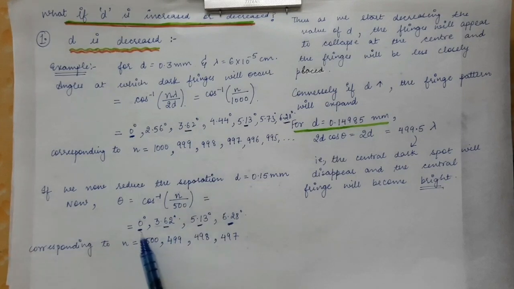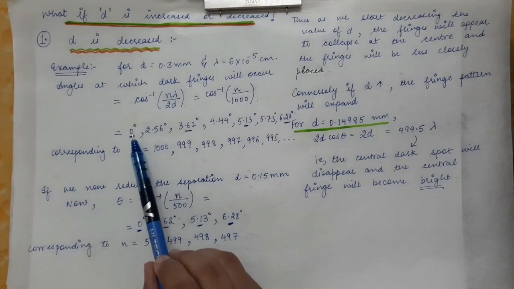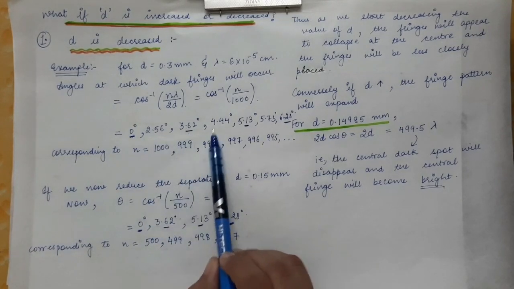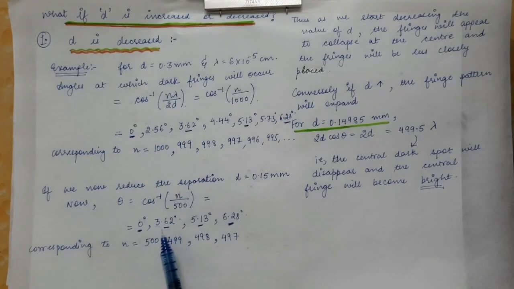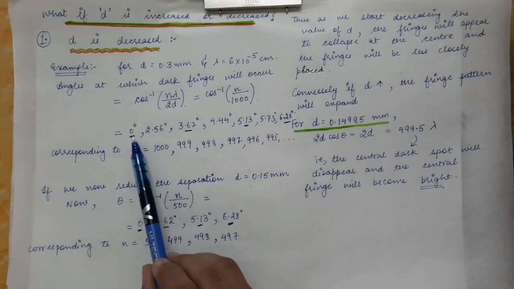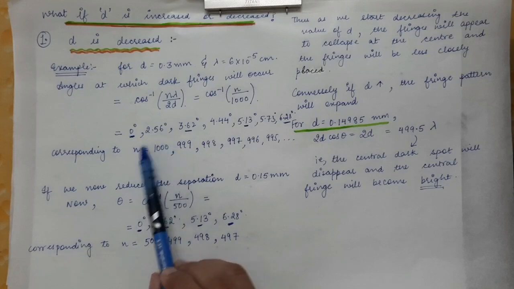So the difference between the successive or consecutive fringes is large as compared to this difference between the consecutive fringes. Over here we have a difference of around 2.56, here we have a difference of 3.62. Between the central and the first dark fringe we have a difference of 2.56 degrees.